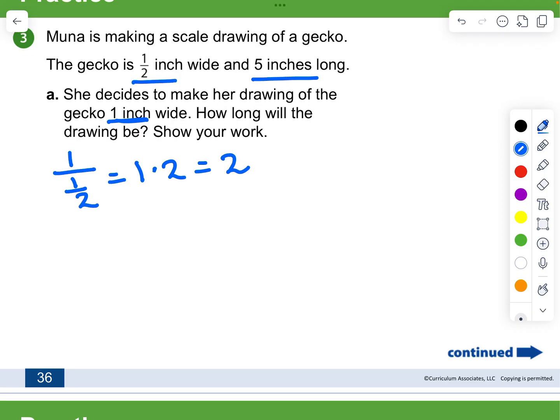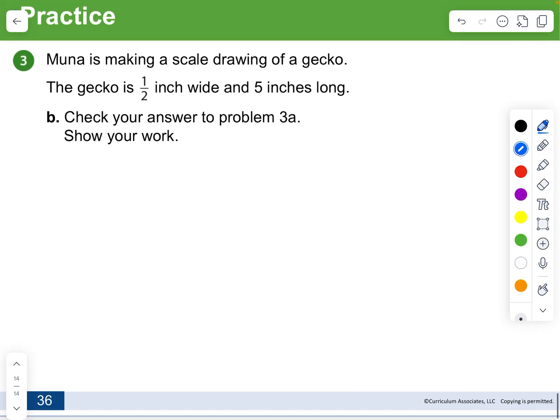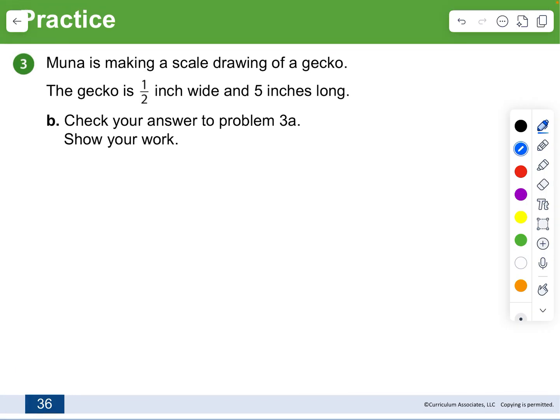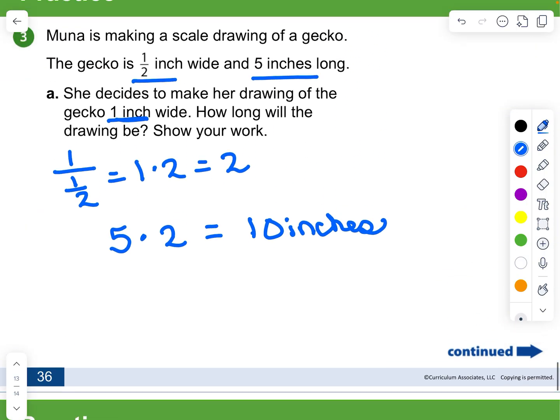We're doubling. So 5 inches long times our scale factor of 2 means it will be 10 inches in her drawing. And again, they tell us to check our answer, but we showed our work up here.